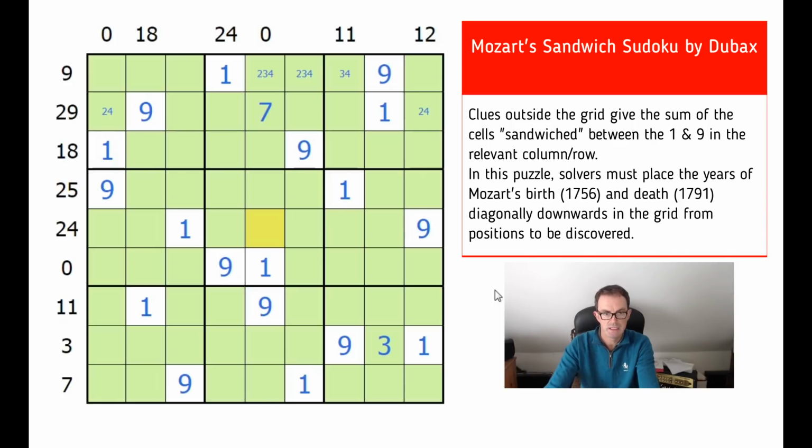But we haven't really advanced the solve. We've got this 7 in the grid. Doesn't help. We're going to have to use the other one, which is what, 1756, isn't it? 1756. So that's only got... So this one can't be, look, because that's going to hit a 9 if it comes this way.